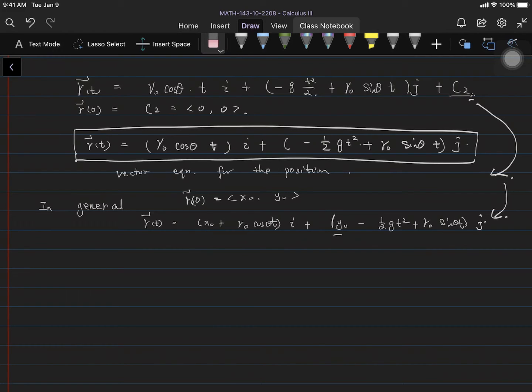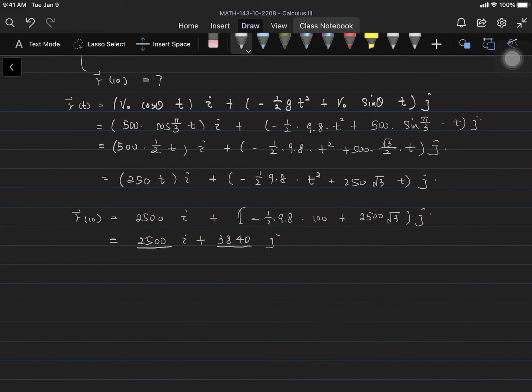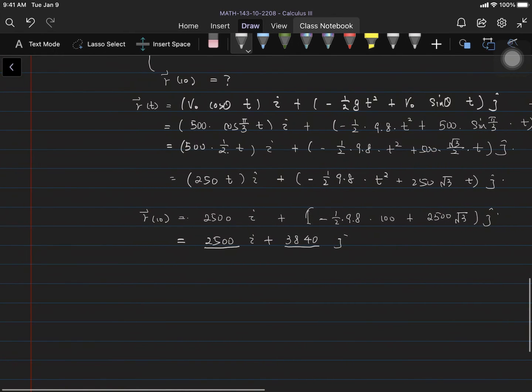Okay, so that's the general position. Now let's take a look at the example. The formula for r(t) looks long, but there is another way to give r(t), by just x and y. Okay, parametric equations. So this is the vector equation, right?